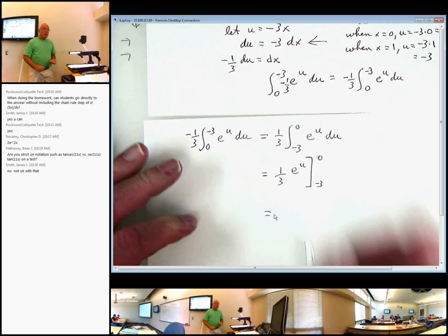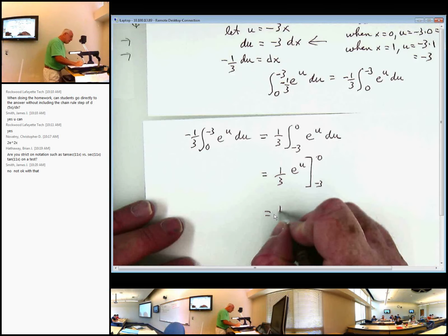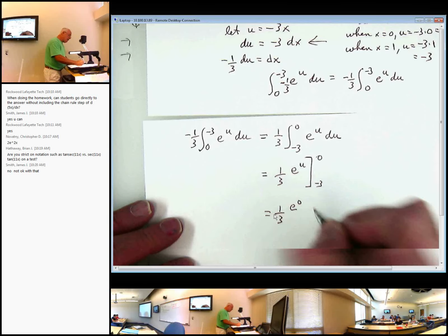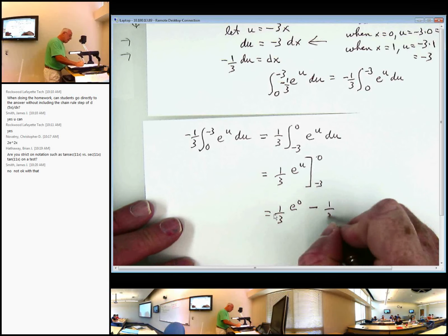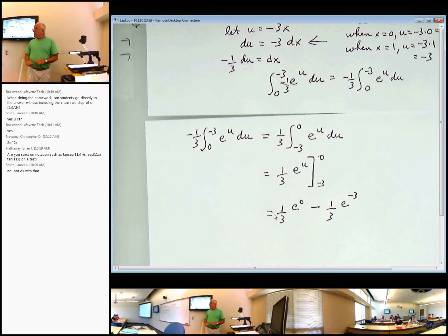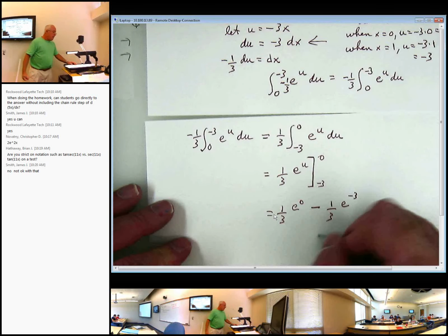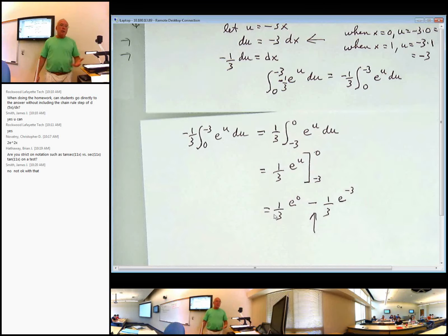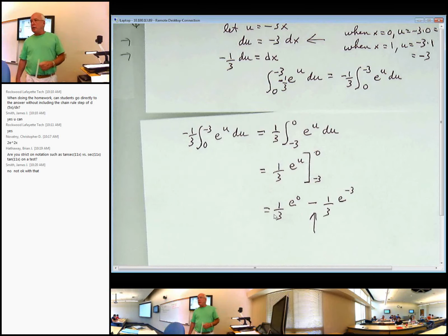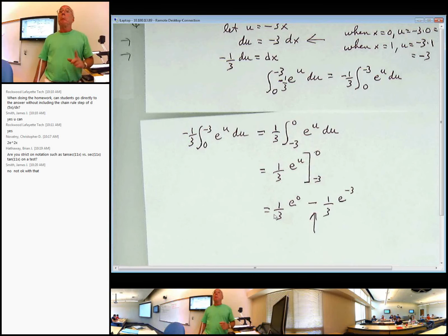All right? So let's plug in the top number. That's 1/3 e to the 0 power minus then 1/3 e to the -3 power. All right, plugging in the limits, be sure we use a minus sign here. And that first expression, how can that first expression be simplified? 1/3 times e to the 0 power. That's just 1/3.